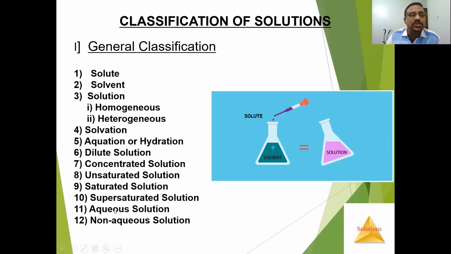Now let us move to the next definition, that is aqueous solution. The term aqueous itself indicates the presence of water. Obviously, here your solvent is water. And what about solvents other than water? For a solution containing a solvent other than water, use the term non-aqueous solution.